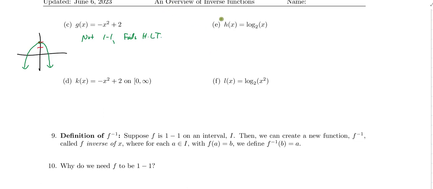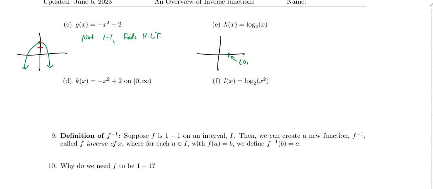Okay. If we were to look at h of x, well, h of x is the function log base 2 of x. So we will review logarithms specifically, but hopefully you remember the graph, and if not, this is something worth putting on a note card.